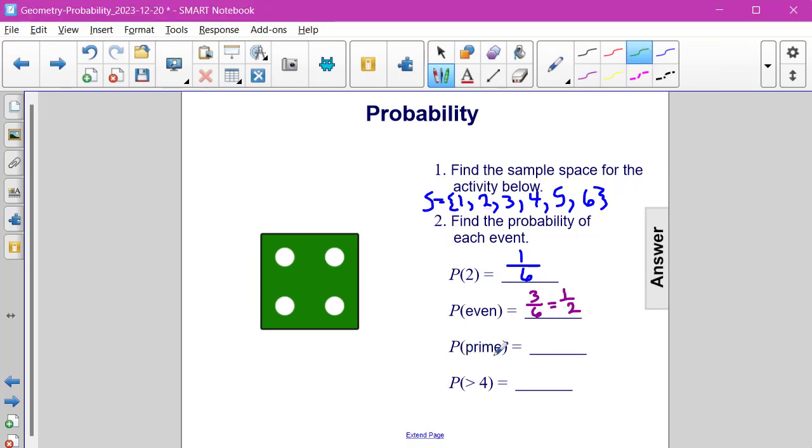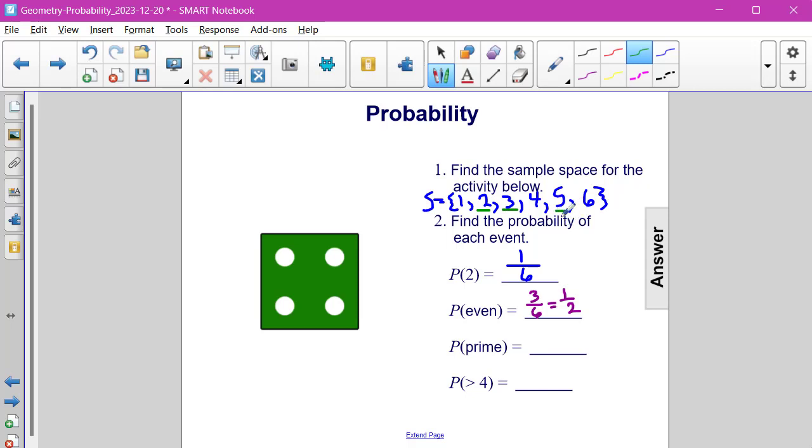Now let's find the probability of rolling a prime number. A prime number is any number that only has 2 factors, 1 and itself. 1 is not considered a prime number because it only has 1 factor, 1. 2 is a prime number because its only 2 factors are 2 and 1. 3 is also a prime number because its only factors are 1 and 3.